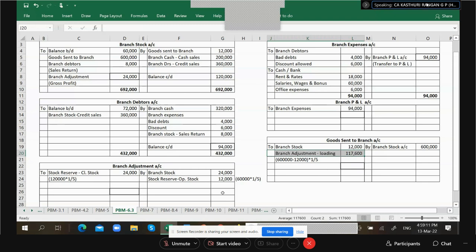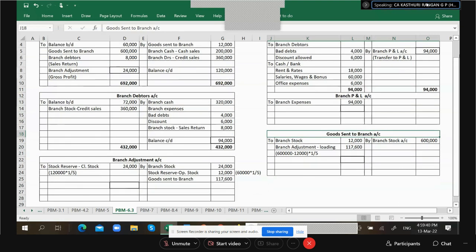GSB account debit to branch adjustment account. So it is 6 lakh minus 12,000 into 1 by 5, 1,17,600. So that is the reason why I prepared the GSB account. Clear now?